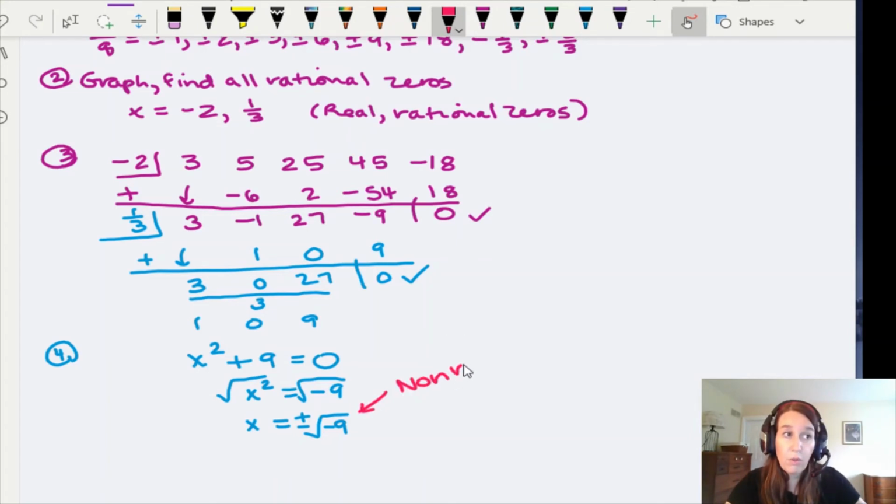We were always told when we first learned square roots, like you can't take the square root of a negative number because what number squared would equal a negative number, right? Think about 3. 3 squared is equal to 9, but -3 squared, so -3 times -3, is also equal to 9.